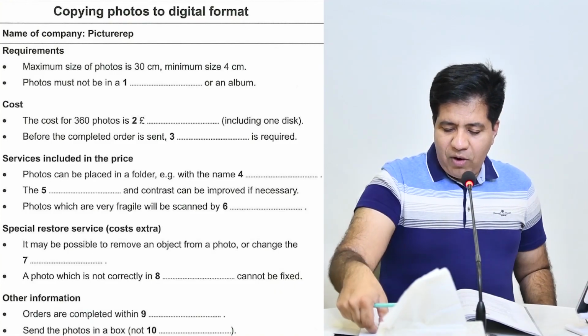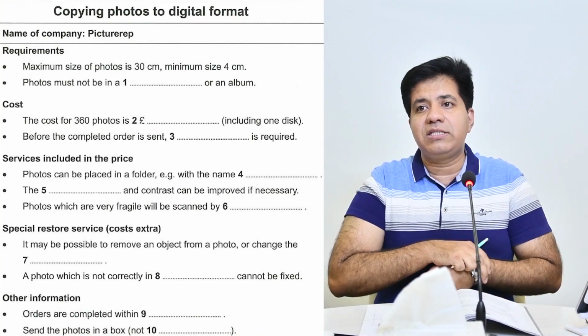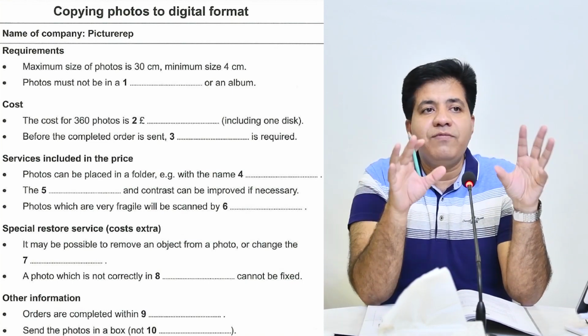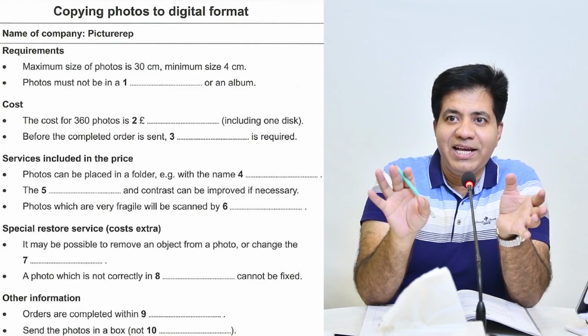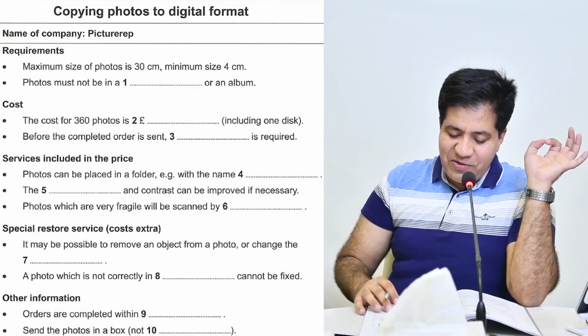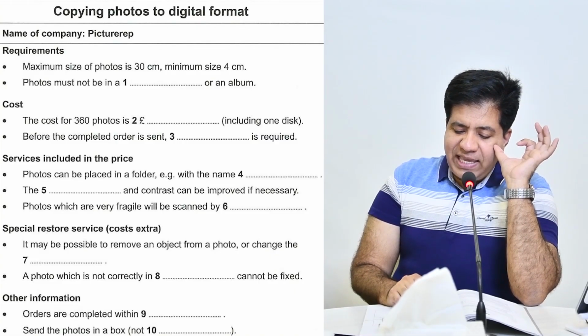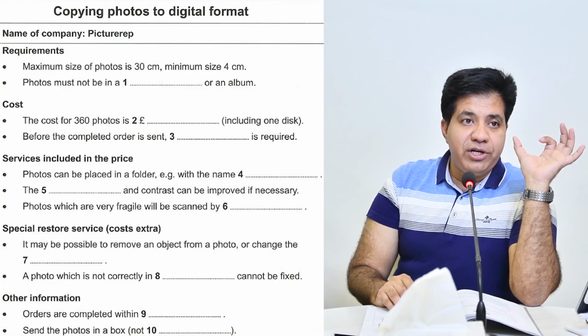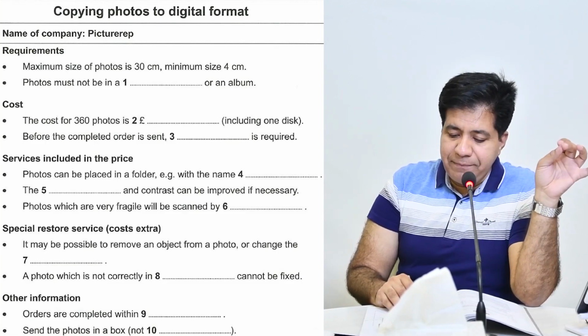Now let's go on. Question number 4, services included in the price. Now they will talk about the services which are included in the price. Like roti khayenge to salad bhi saath milega free mein. Something like that, okay? So services that are included in the price. And for that they say, photos can be placed in a folder, for example, with the name. E.g. means for example, right?